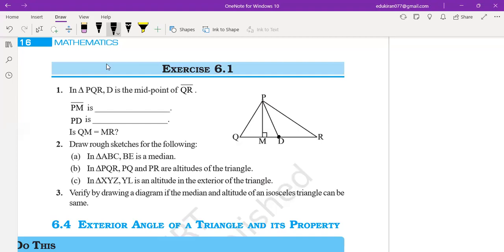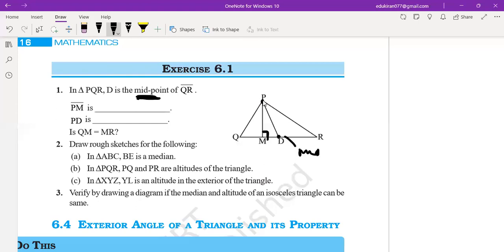Okay, let's check. Over here you can see this PM already has a sign. So what will you say? Ma'am, this is basically an altitude. But I'm talking about this PD. Ma'am, it is a median. Yes. Why is it not a height? Because I have mentioned that D is the midpoint.